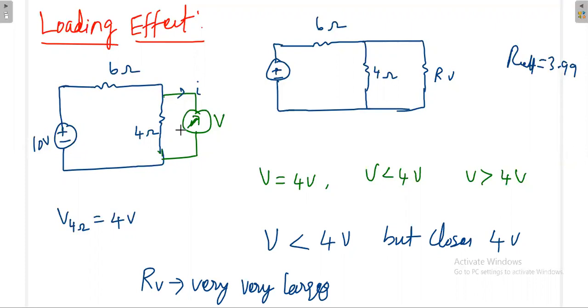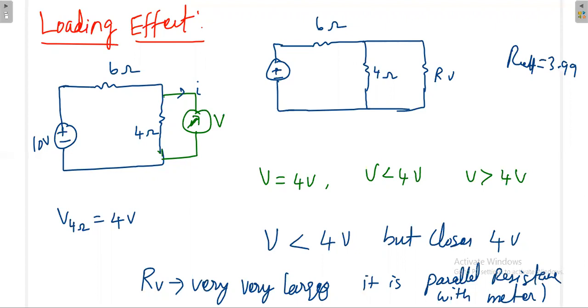It will be connected in parallel, a parallel resistance with the meter. And it should be very high, because if it is very small, then it will damage the entire operation.